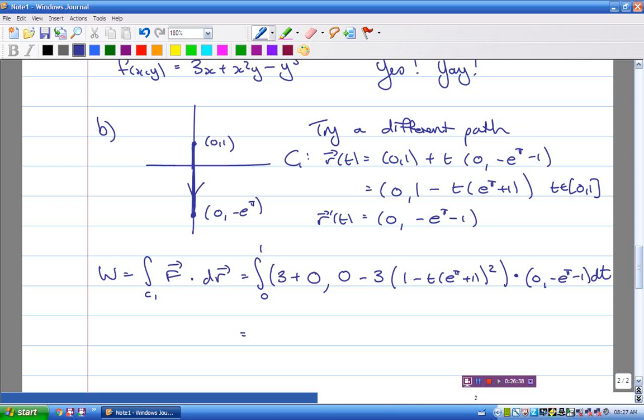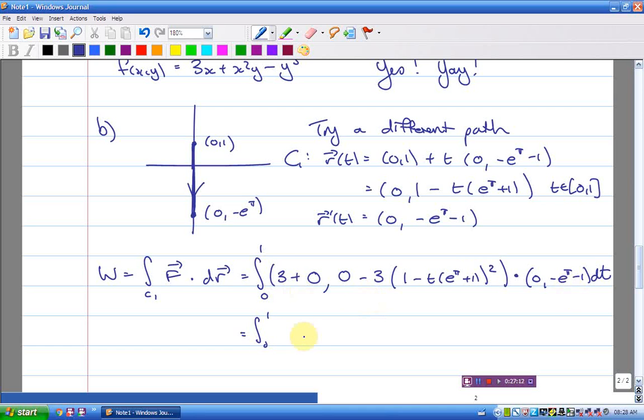Just looking at my notes here. Am I disagreeing with my notes? I am disagreeing with my notes. Where have I gone wrong? No, I'm not. So my notes, I've already squared that out, and here I haven't squared it out. Okay, all right. And so what you can do now is you can square out that thing that needs to be squared, and you can carry out the dot product. And what do we get?